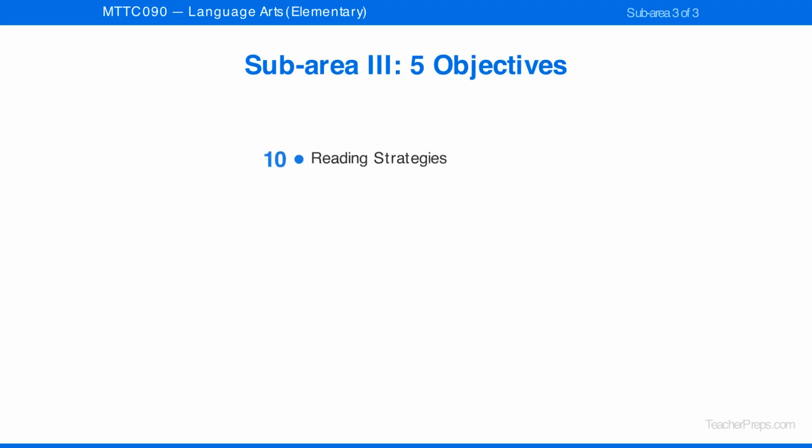Now let's zoom into Subarea 3, Skills and Processes. This subarea has 5 objectives. Objective 10 covers reading strategies, including techniques for determining word meaning and enhancing reading comprehension. Objective 11 covers inquiry and research processes, from formulating questions to evaluating sources and presenting conclusions.